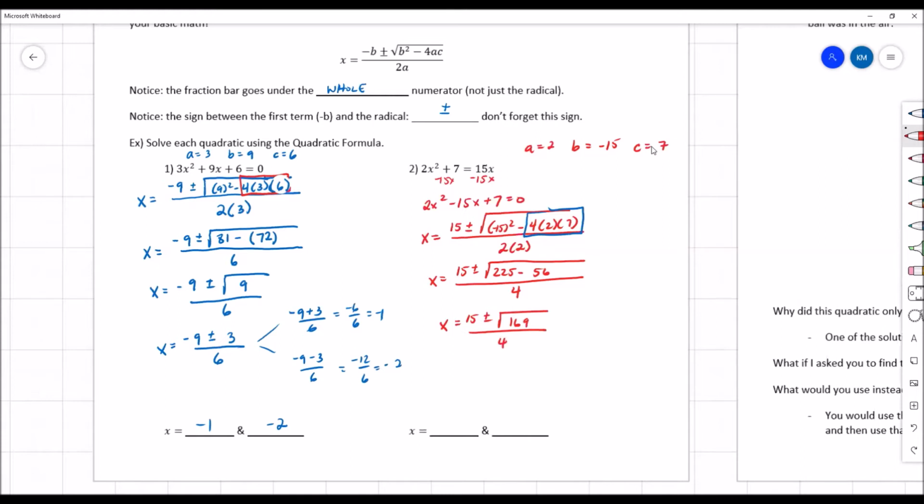And so as I simplify that, x equals 15 plus or minus 13 over 4. So now I split it just like we did last time. It can be 15 plus 13 over 4, or 15 minus 13 over 4, right? That's what that plus or minus did. So plus 13 gives me 28 over 4, 7. That's 2 over 4, that's 1/2. So my two solutions, 7 and 1/2.